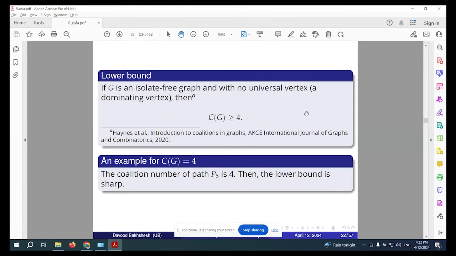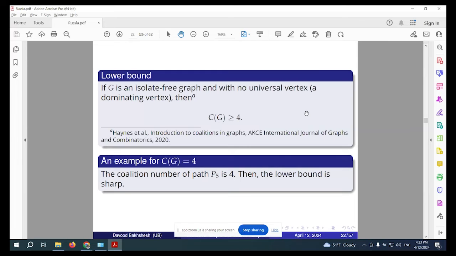There are some lower bounds and upper bounds on the coalition number of graphs. The first lower bound is that if G is an isolate-free graph with no universal vertex, a universal vertex being the same as a full vertex or a dominating vertex, then the coalition number of G is at least 4.